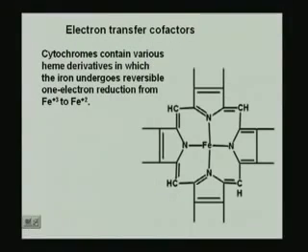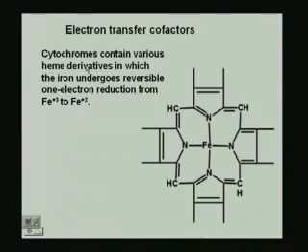So now that we know some of the electron transfer cofactors, the cytochromes contain various heme derivatives. We studied heme when we did hemoglobin and myoglobin. This heme also coordinates an iron in the protoporphyrin 9 system. Similarly, cytochromes contain various heme derivatives which actually differ in their substituents in the rings, which makes them different from the heme that is probably in hemoglobin or myoglobin.